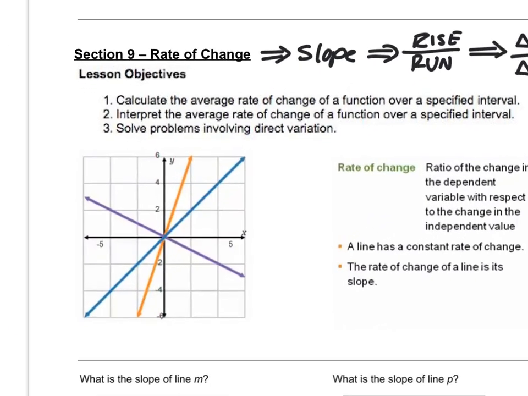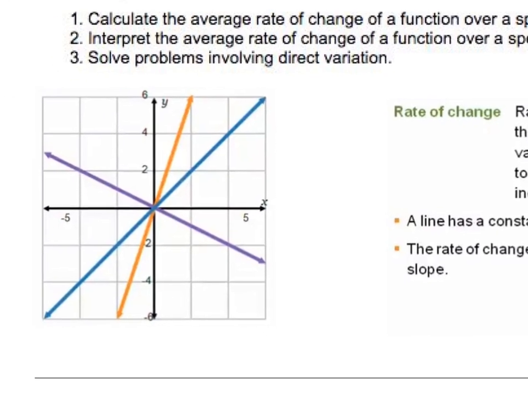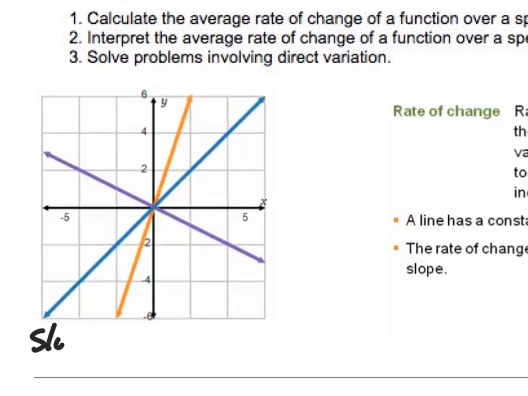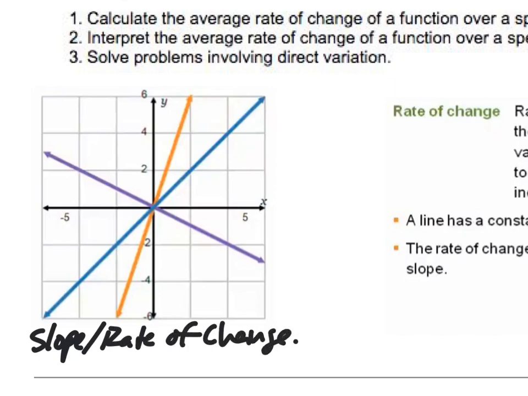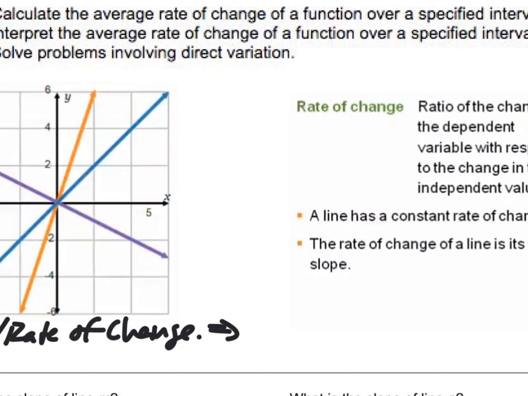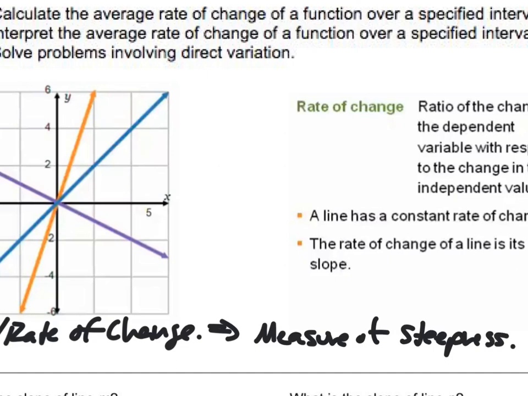And a lot of times, when we think of slope or rate of change, we often think of it as a measure of steepness. And we apply a value to that.